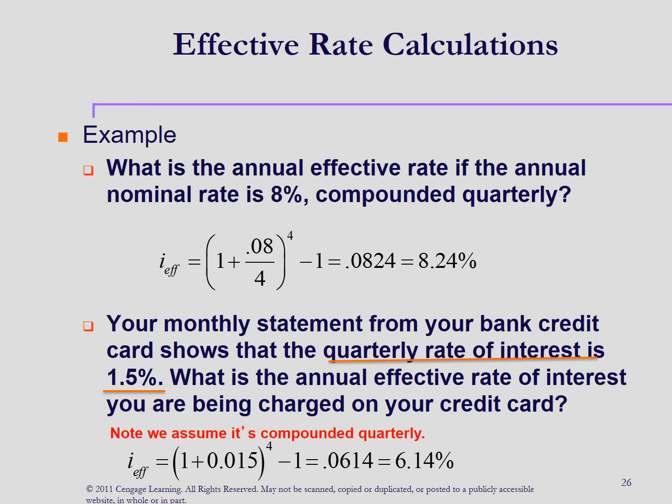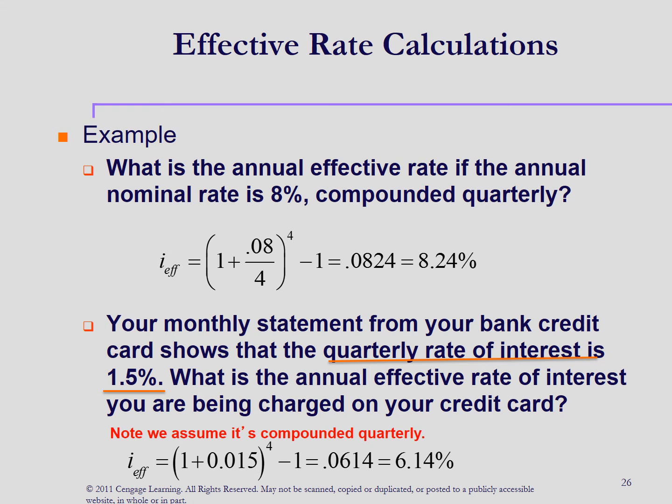What is the annual effective rate if the annual nominal rate is 8% compounded quarterly? We can apply the formula to obtain the answer. When applying the formula, the annual nominal rate is 8%. The number of compounding intervals per year is 4.